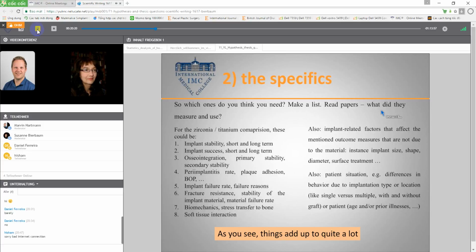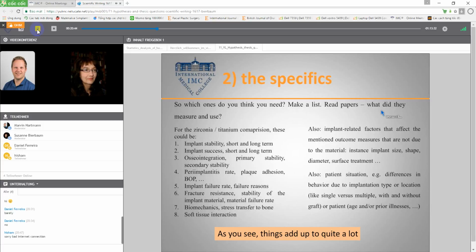Same thing about patient situation, implant location, age of the patient, prior illness of the patient. Again, this might influence the outcome measure we look at. Now, you will never be able to subdivide it really as fine, but definitely keep these things in mind.